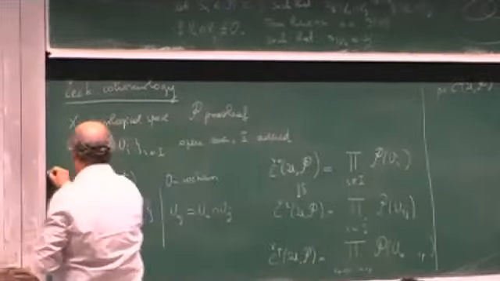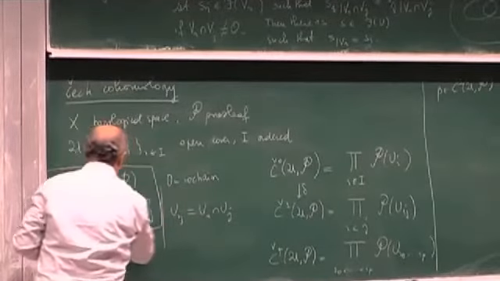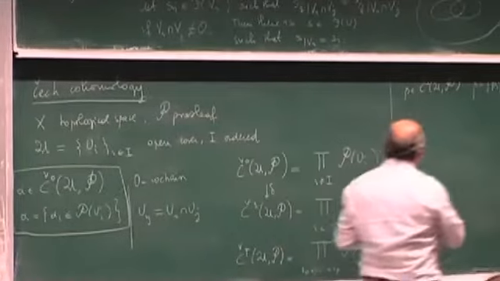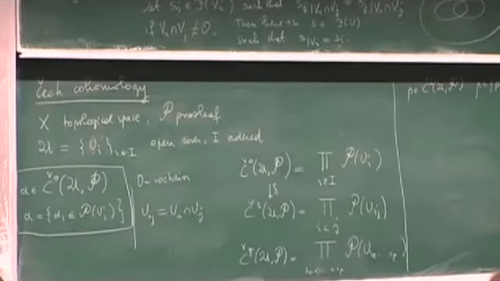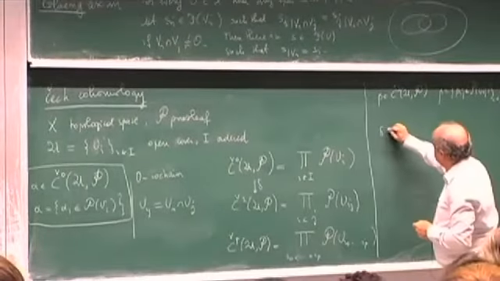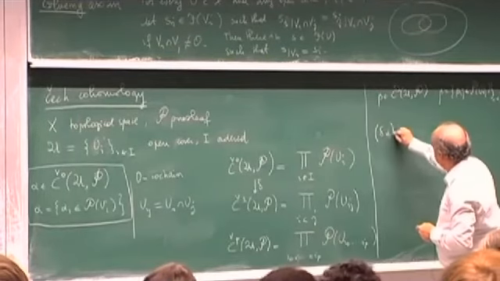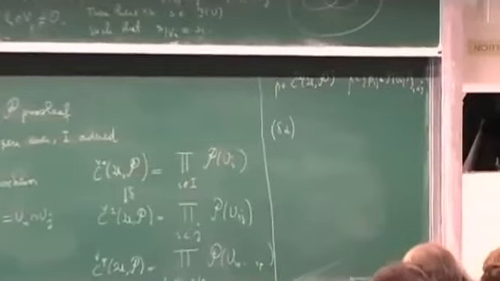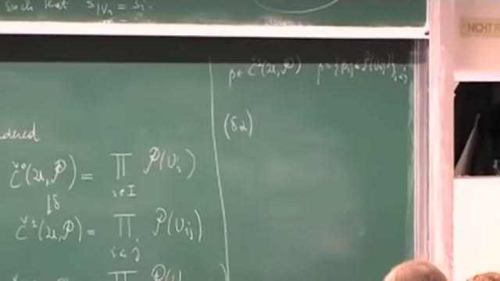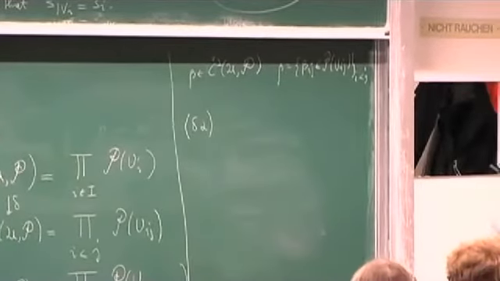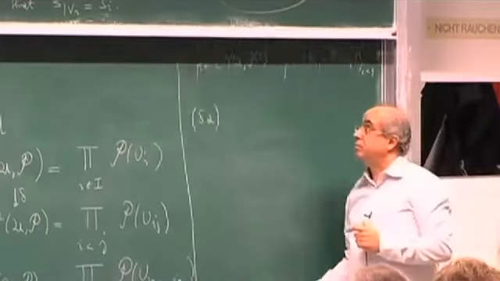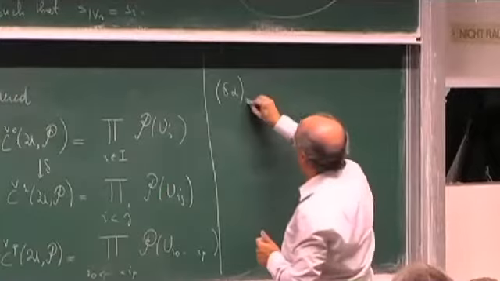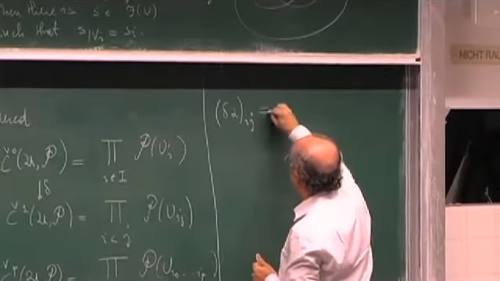If we start from an object like this, now this needs to have a collection of two indices, because it's going to be a one-cochain, correct? So we need to specify something with two indices here.